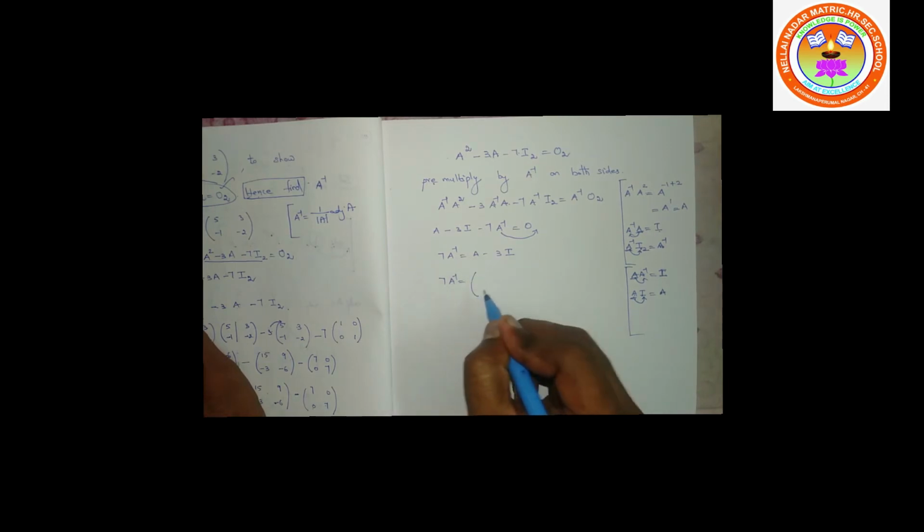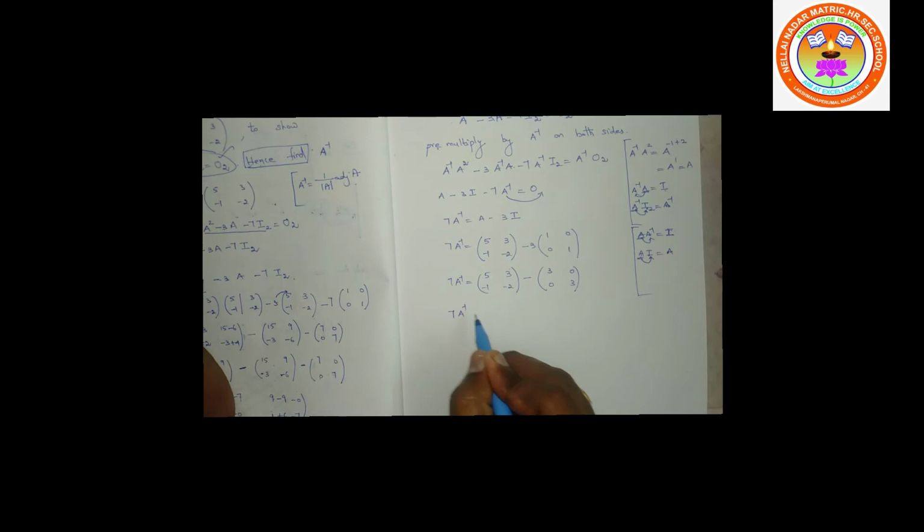They gave matrix A as 5, 3, minus 1, minus 2, minus 3. They gave I as 1, 0, 0, 1. So 7 A inverse is equal to A minus 3I: 5, 3, minus 1, minus 2, minus multiply 3 to each and every element. 3 into 1 is 3, 3 into 0 is 0, 3 into 0 is 0, 3 into 1 is 3. 7 A inverse is equal to: first element, 5 minus 3.